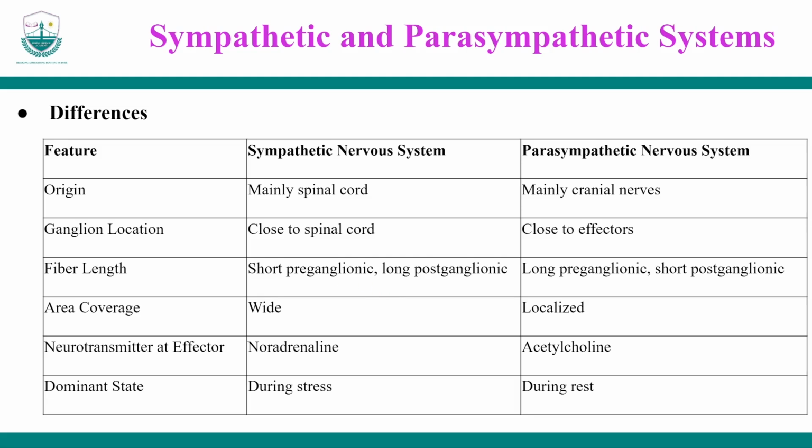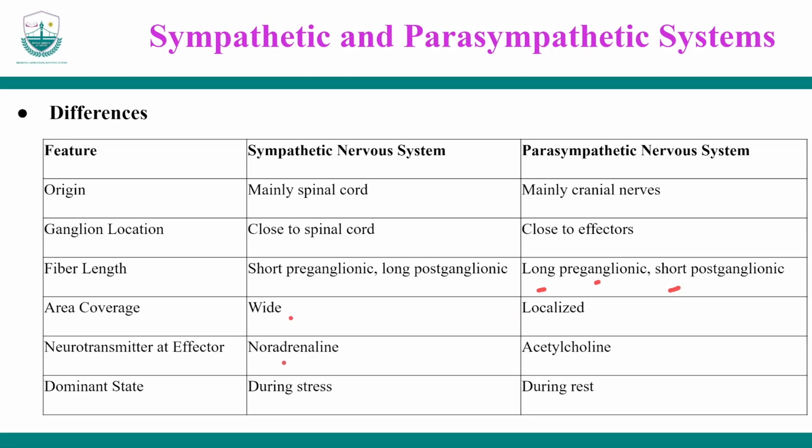The opposite happens in the parasympathetic, because the ganglion is closer to the effector. That means the postganglionic fiber is short, but the preganglionic fiber is long. The sympathetic nervous system covers a wide area, whereas the parasympathetic is localized.